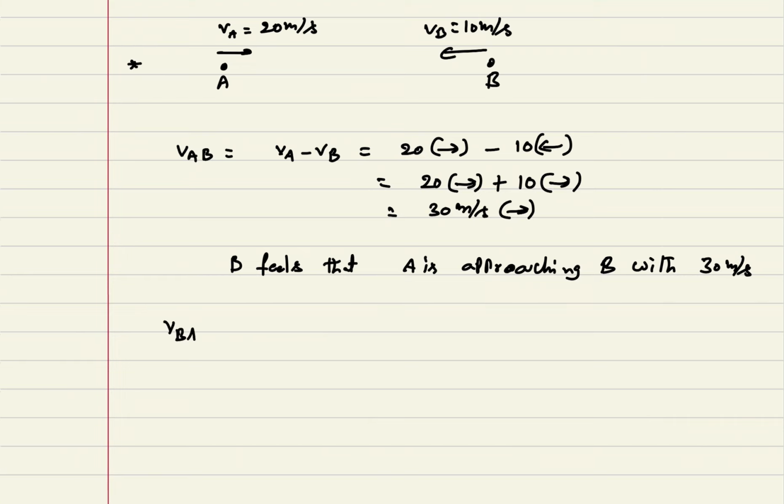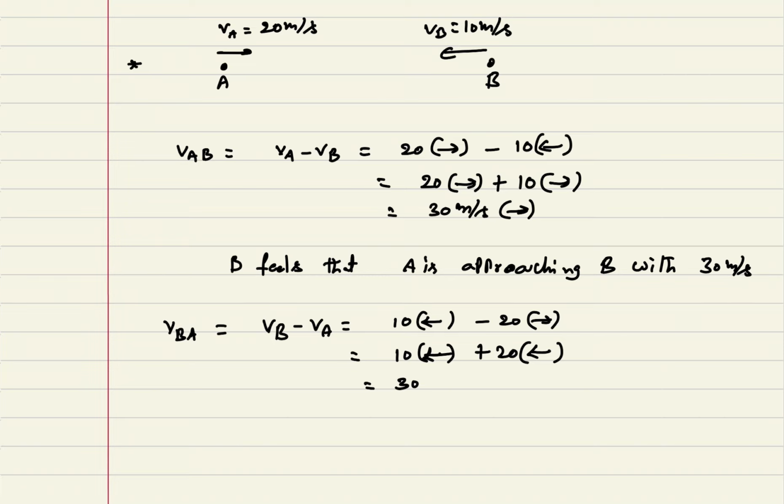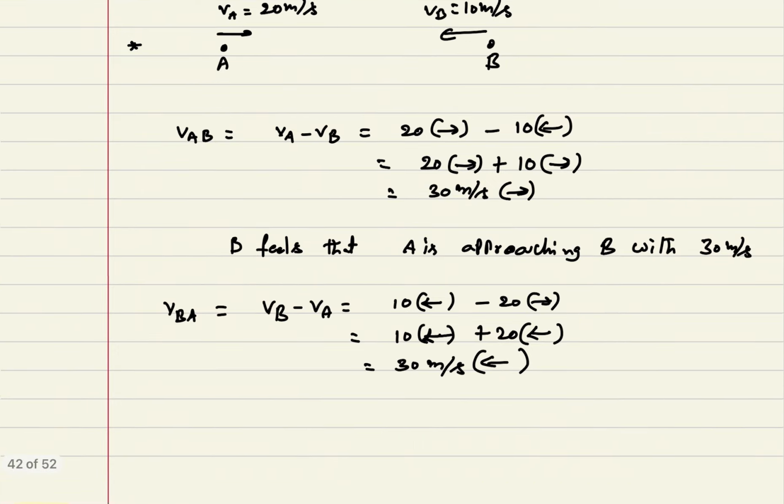Similarly, if I calculate the velocity of B with respect to A, velocity of B minus velocity of A. Velocity of B is 10 left side minus 20 right side. We can write it as 10 left side, and minus 20 I can write as plus 20 left side. So overall I get 30 meter per second towards the left side.